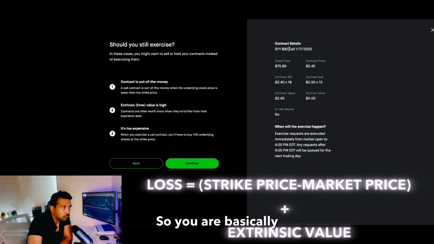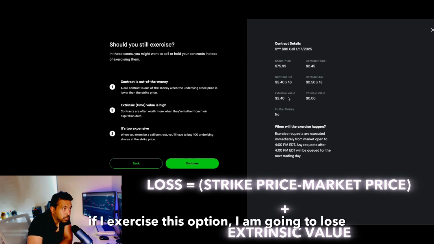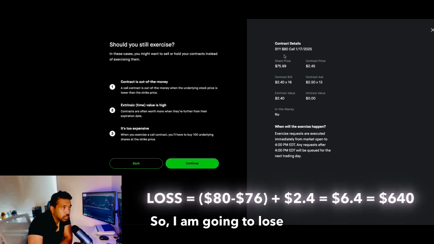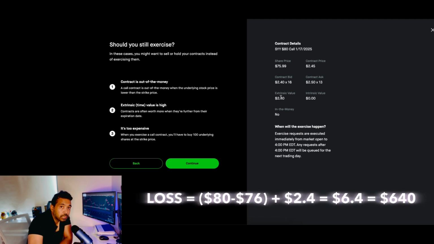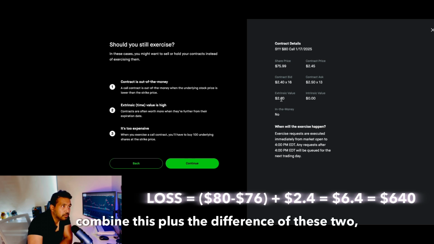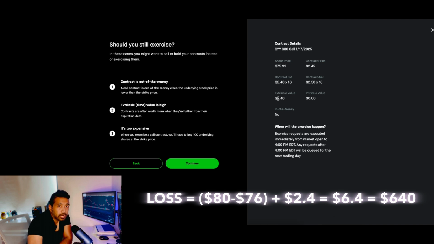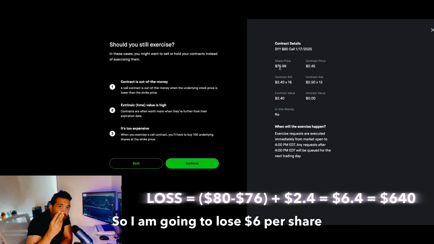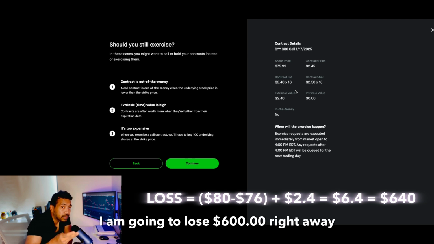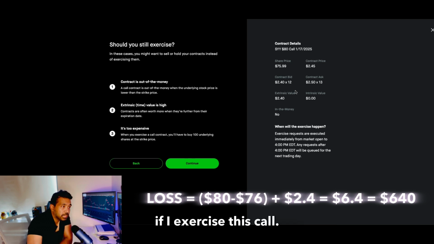If I exercise this option, I'm gonna lose this $4 plus 6, so I'm gonna lose almost $6 per share, because you have to combine this plus the difference of these two. If I have 100 shares, I'm gonna lose $600 right away if I exercise this call.